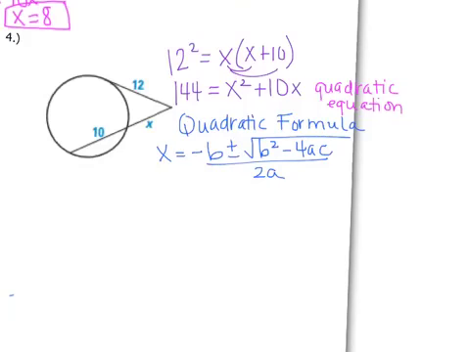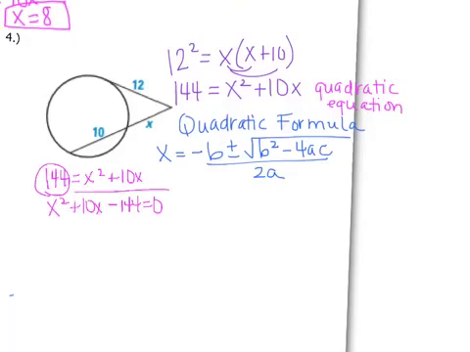So what we need to do is take this equation, I'll rewrite that down here. Before we can use the quadratic formula, though, we need to get that equation in standard form. So what I need to do is subtract that 144 to the other side so that this is equal to 0. Now, when I look at that equation, I know what my values of a, b, and c are.